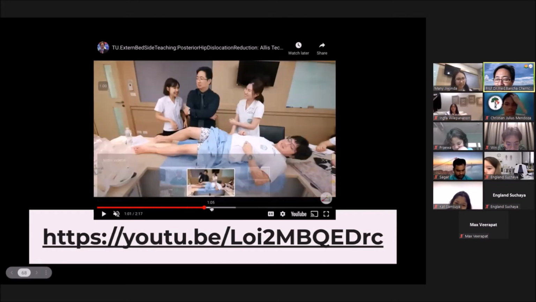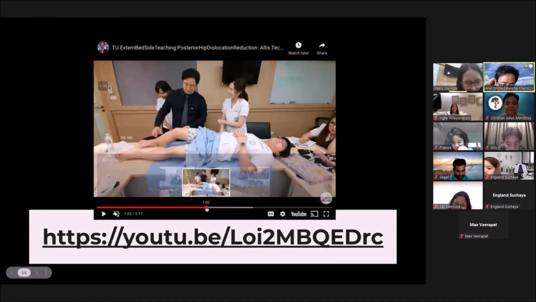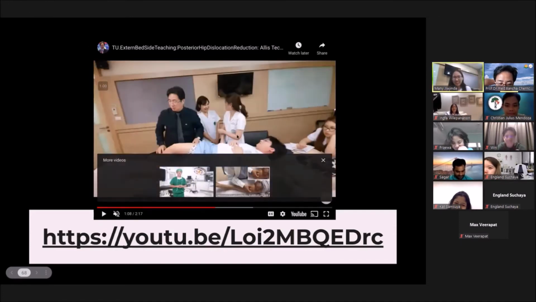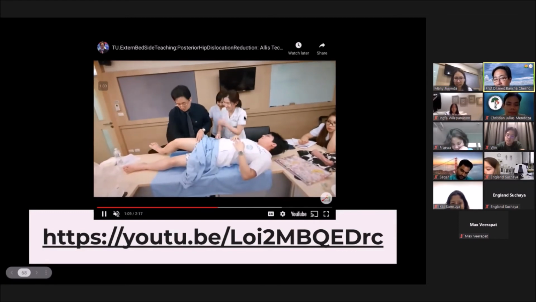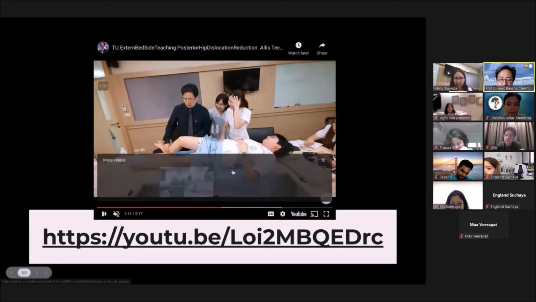No. You should not do that at the ER, okay? Because the hip joint is a big joint with big muscles. You need full relaxation. It's the only joint that you cannot reduce at the ER. You must do it at the operating theater. Full sedation. Okay?